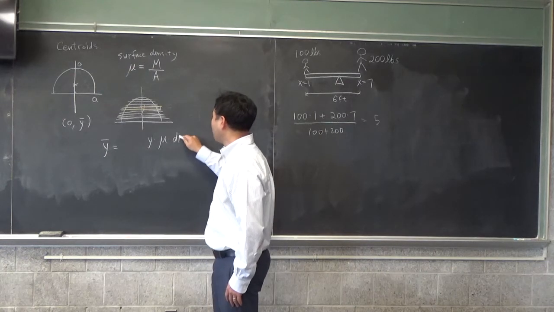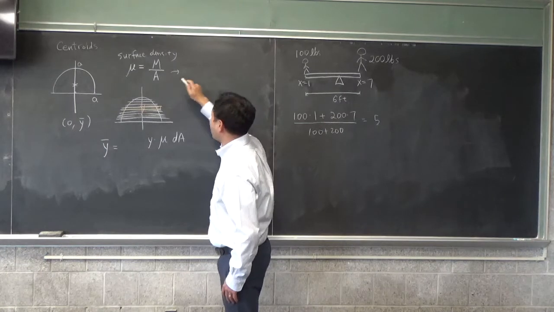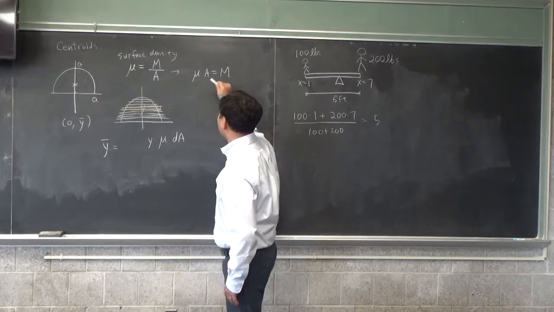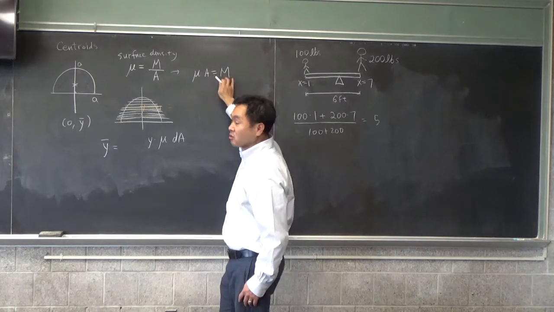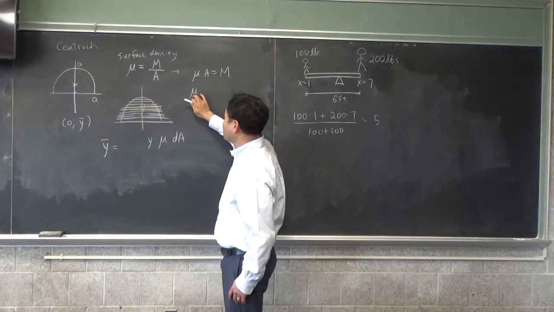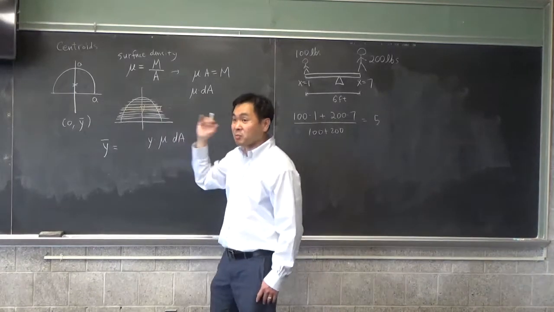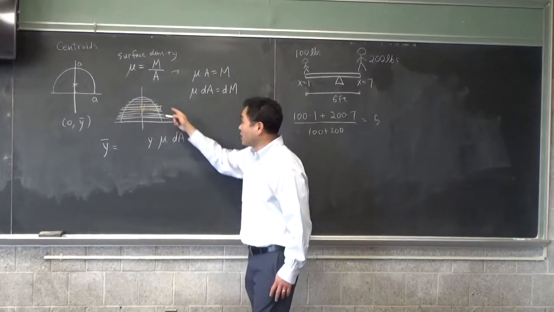mu times dA, because if you multiply the surface density by area, you get mass. Therefore, multiplying the surface density by the area of this fine strip will give you the small mass assigned to that strip.